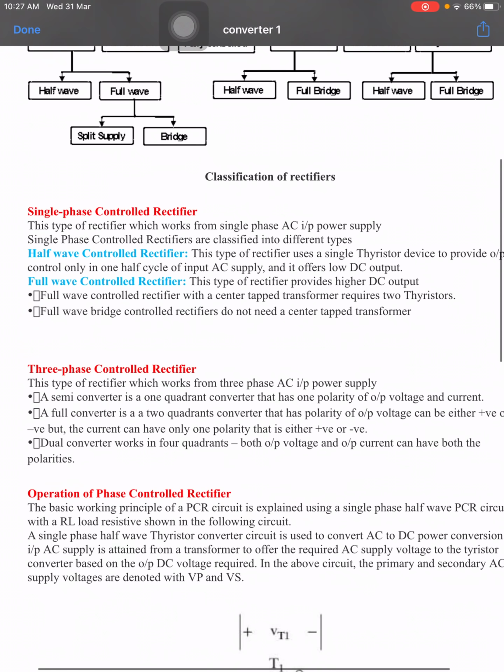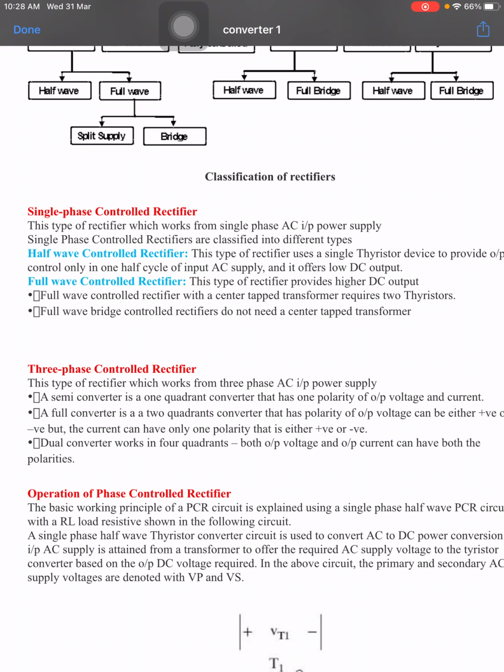Coming to the three phase supply, the same principle applies as for the single phase AC power supply. Here we have the semi converter, full converter and dual converter. What is the difference between the three converters? The semi converter is a one quadrant converter that has one polarity of output voltage and current. From the power electronics part, what we are controlling is the output voltage or output current, using high power.